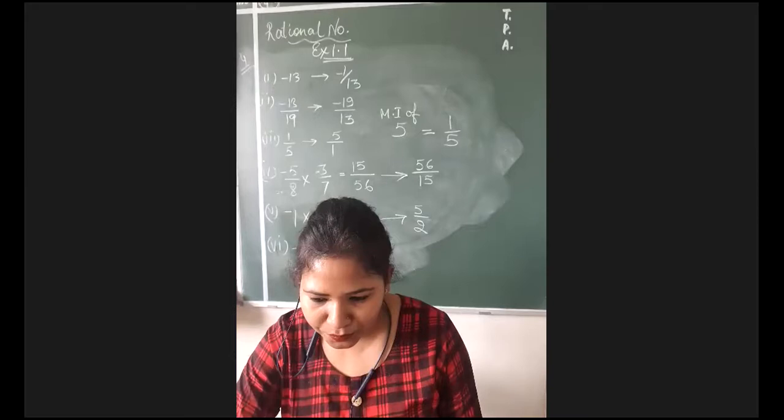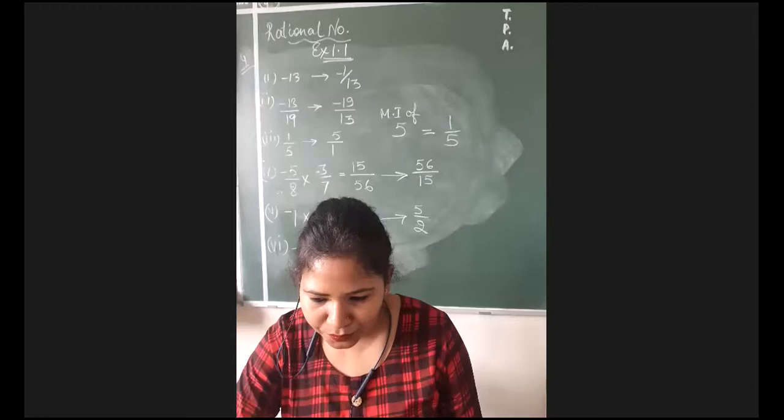Sorry, I just did it by mistake. So remember, the sign will not change. So the same thing goes for -13/19. It will give you -19/13 without changing the sign.